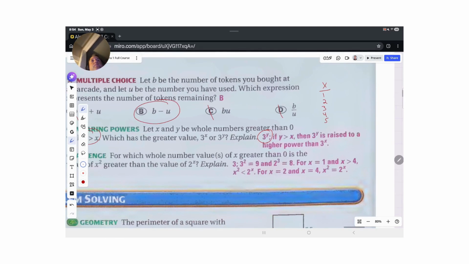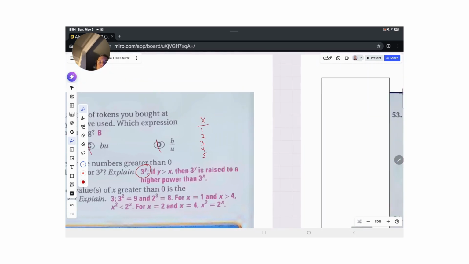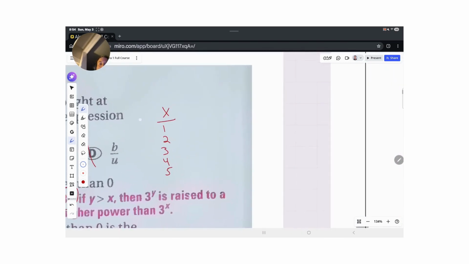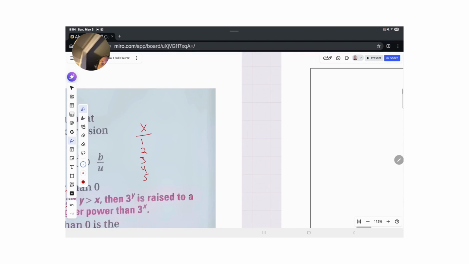Let's start there. So we have our two columns, right? We'll have x squared and 2 to the x power. Now these will be much easier to compare.